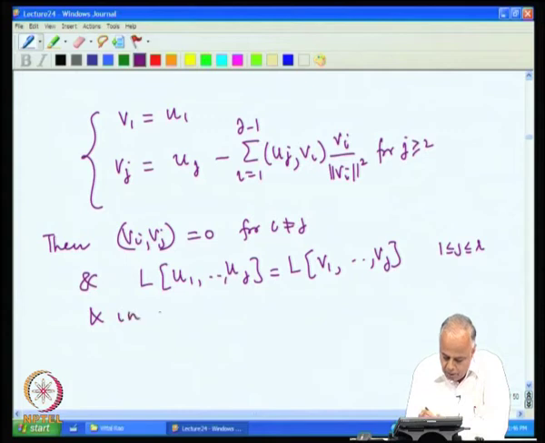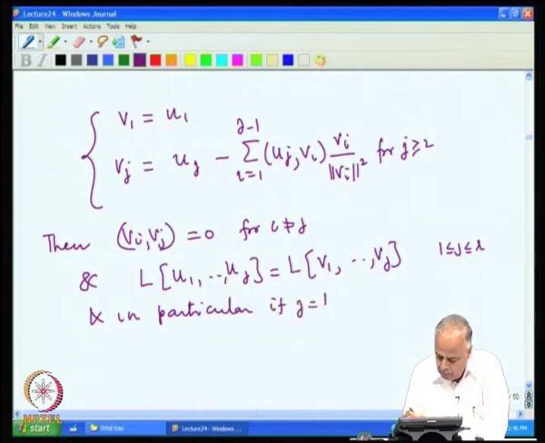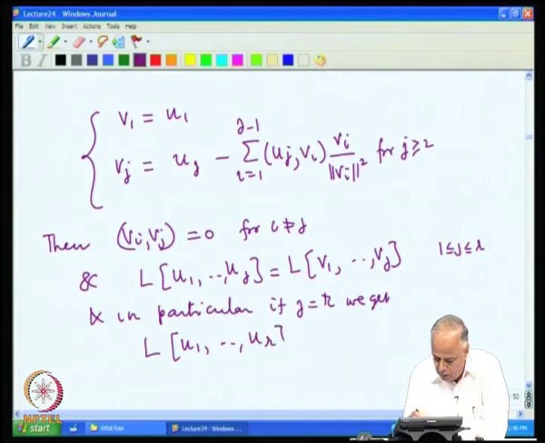In particular, if j equals r, we get the subspace spanned by the set u1, u2, ..., ur, that is the original set given to us, is the same as the subspace spanned by v1, v2, ..., vr.